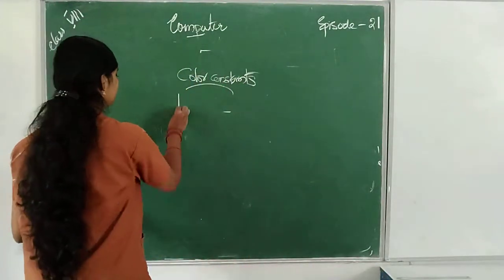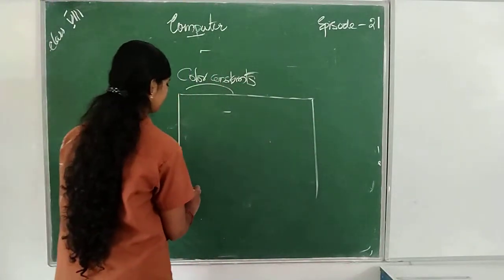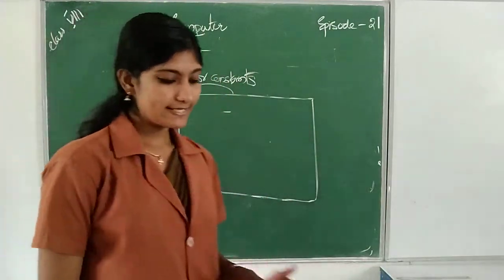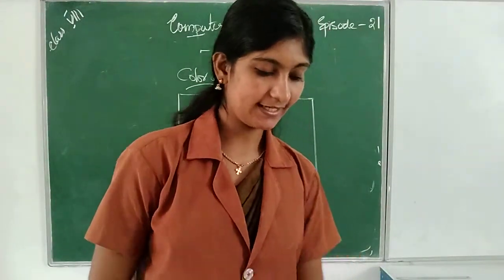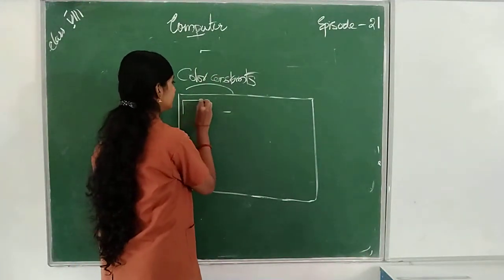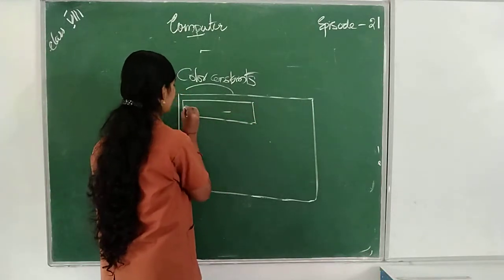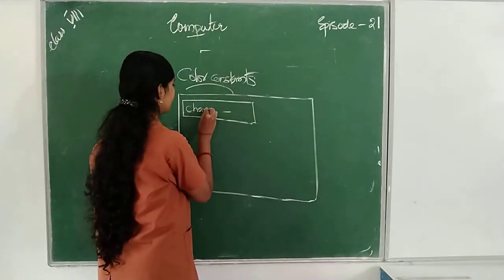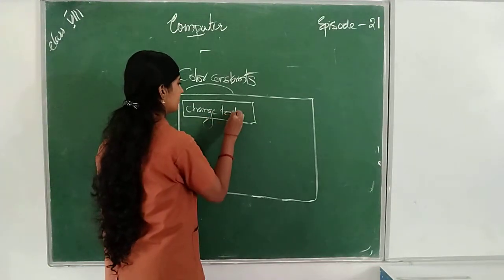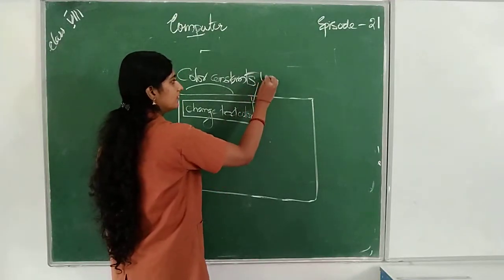Create a form. Then next, first label: change text color. So just place a label. That is change text color. That is label 1.